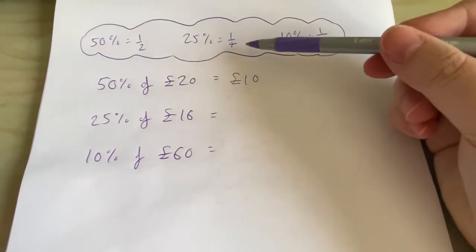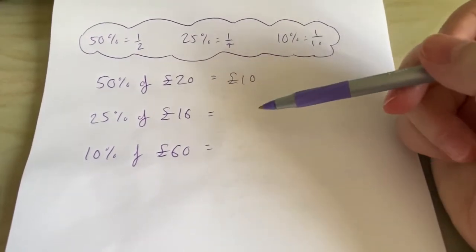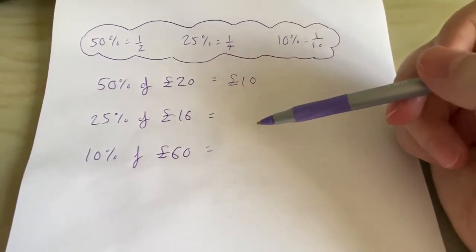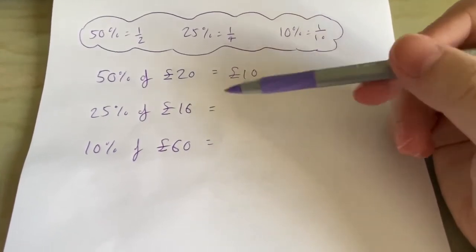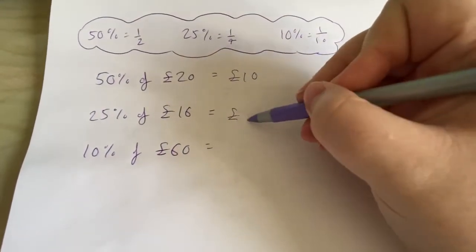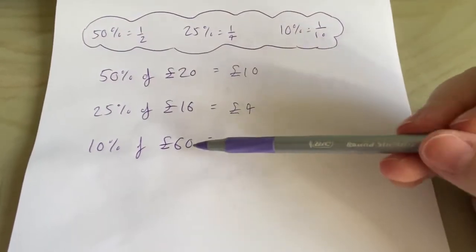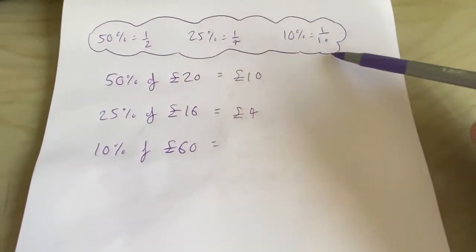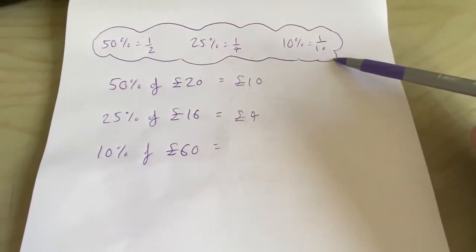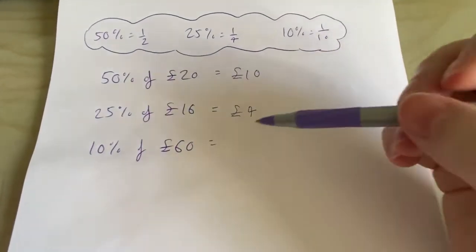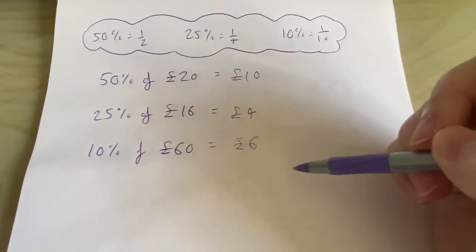Well, I know 25% is the same as a quarter, so I'm finding a quarter of £16. I find a quarter by dividing by 4. 16 divided by 4 is £4. Then 10% of £60. If I know 10% is a tenth, to find a tenth I just divide by 10. So 60 divided by 10 is 6.